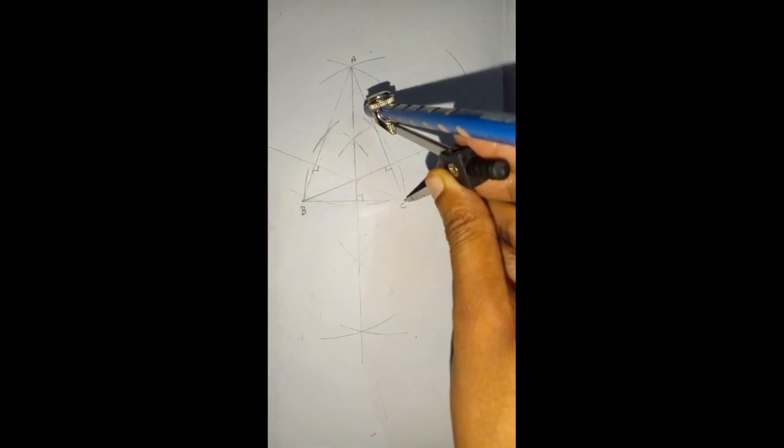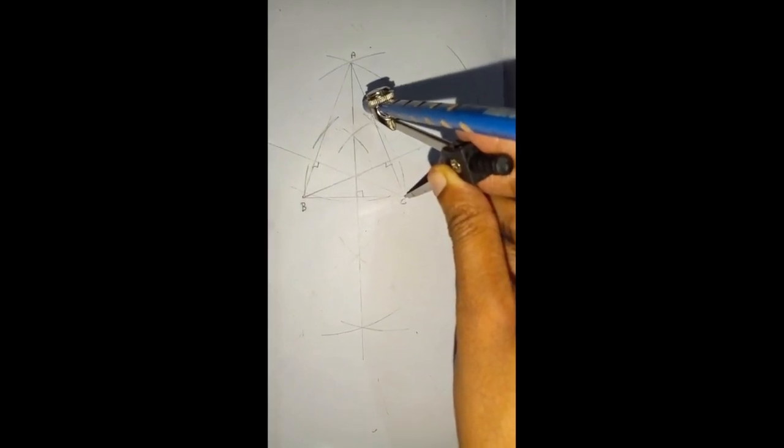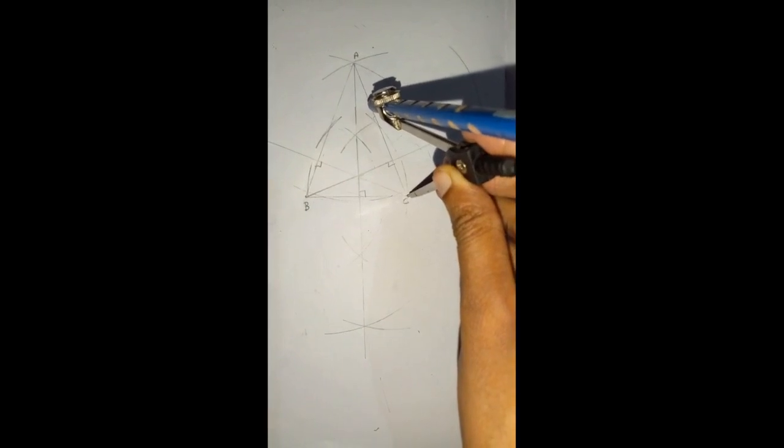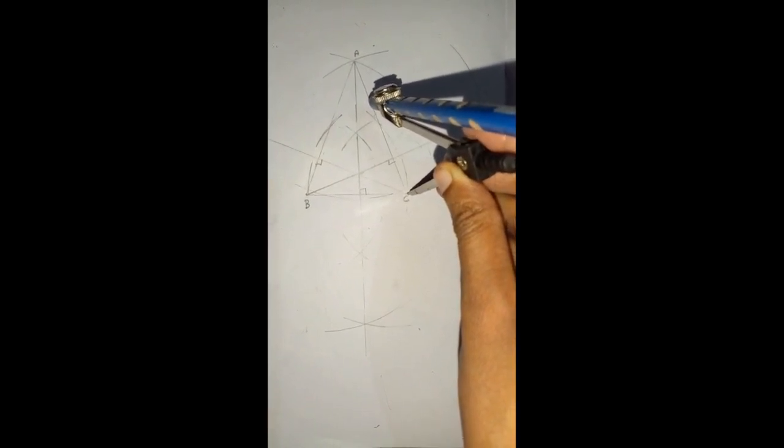Now we will draw perpendicular bisectors on segment AC. Take more than half distance between compass and pencil.